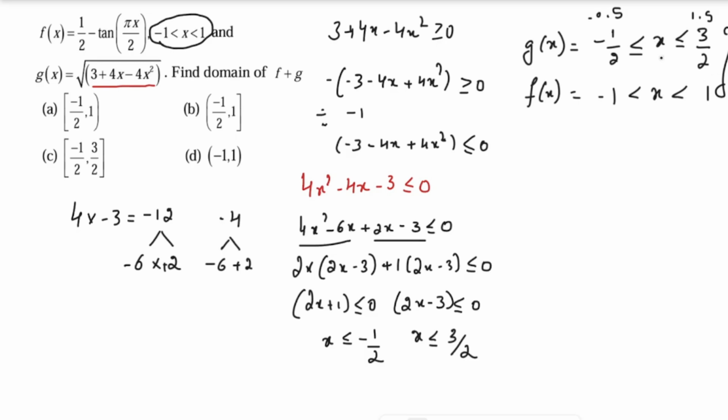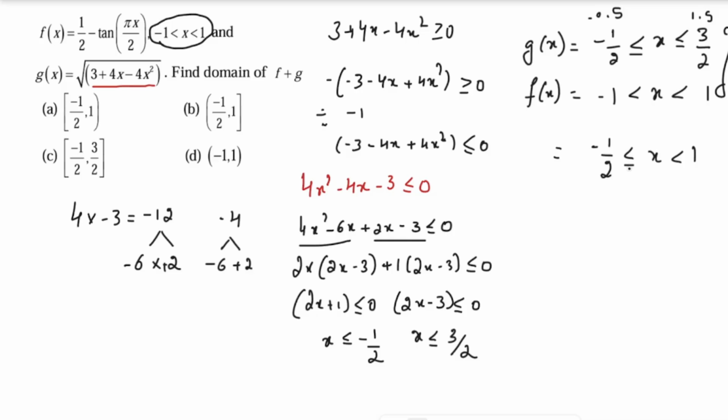If you take the common region between f of x and g of x, I will consider minus 1 by 2 less than or equal to x, and here the limit is 1, so I'll consider less than 1. So x is between minus 1 by 2 and 1.